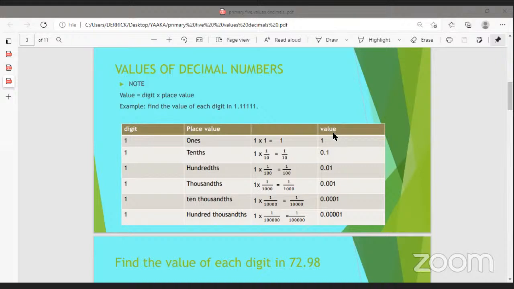I'm going to give a number to each one of us so that we can change it to a decimal number. I'm going to be giving you common fractions, for example 4 out of 1,000. Then we have 5 out of 10.